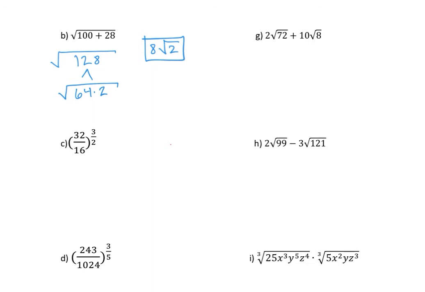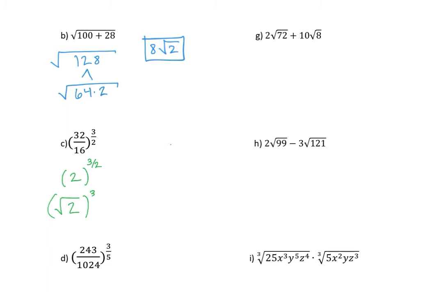Okay, C. So let's see, we have 32 over 16. I'm going to reduce that first. 32 divided by 16 is actually 2. So I have 2 to the 3 halves power. So what I have then is the square root of 2 to the third.